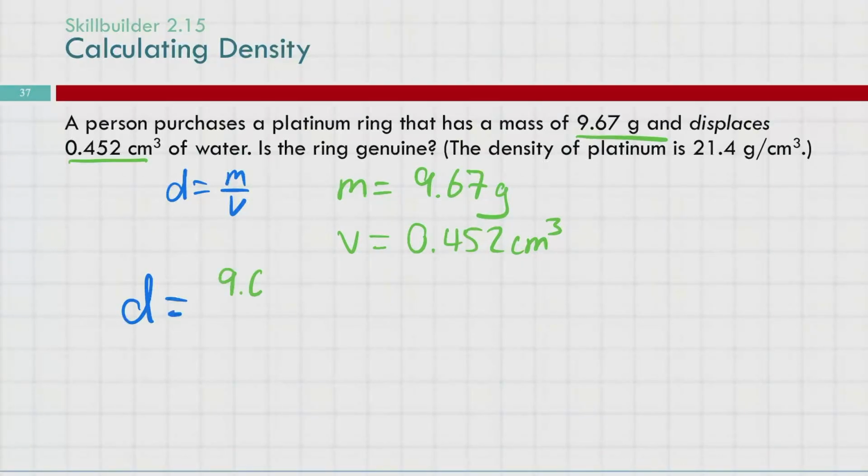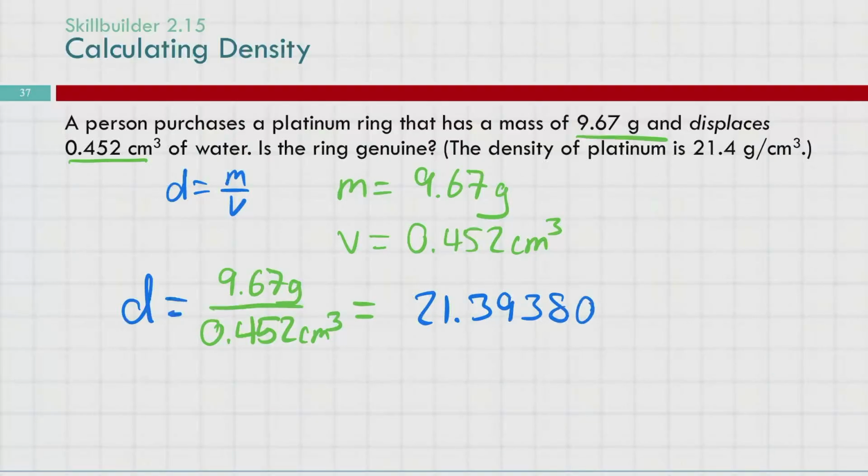Our mass, 9.67 grams. Our volume, 0.452 cubic centimeters. Ask our calculator for some help. Our calculator says, sure, I got you. 21.393800531 grams per cubic centimeter.